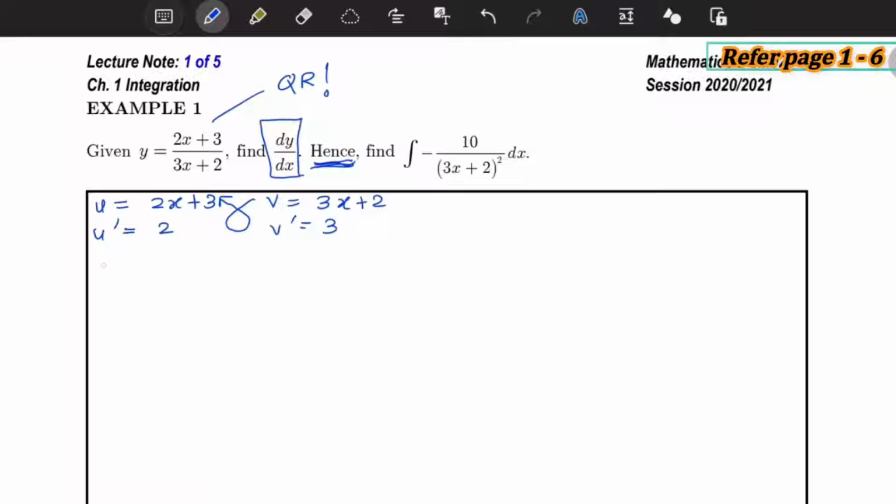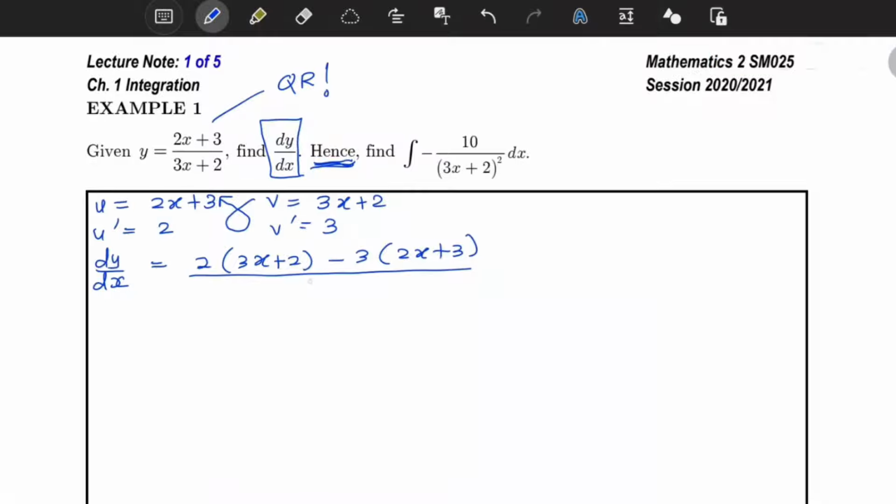Therefore, we have dy/dx equal to 2 times (3x plus 2) and minus, for the quotient rule, we have minus 3 times (2x plus 3), divided by v squared, (3x plus 2) squared.